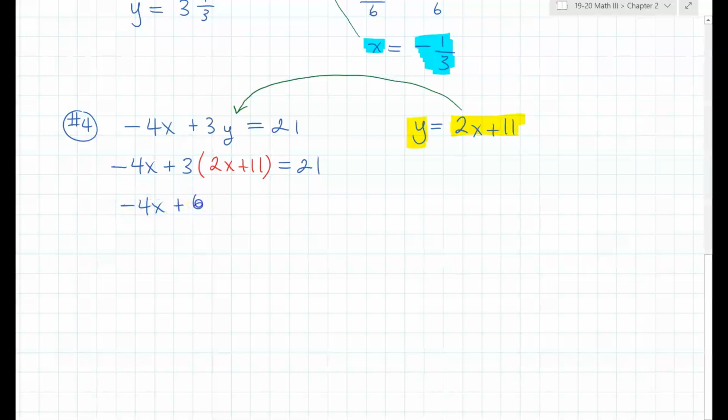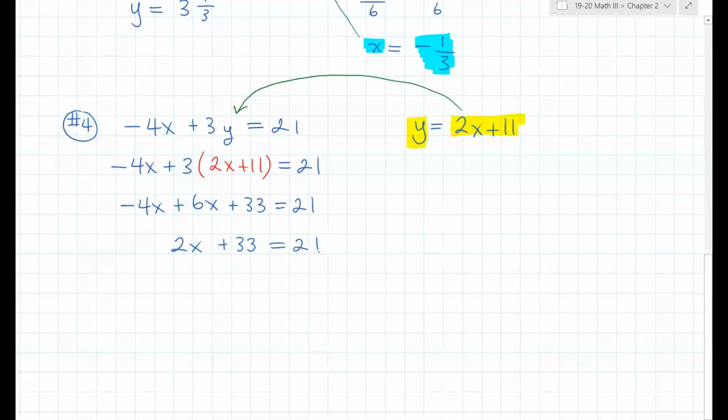So we're going to get 6x plus 33 equals 21. Now, since my variables are both on the left side, I don't have to add or subtract them on both sides. I can just combine them as like terms. So negative 4x plus 6x is 2x, plus 33 equals 21.